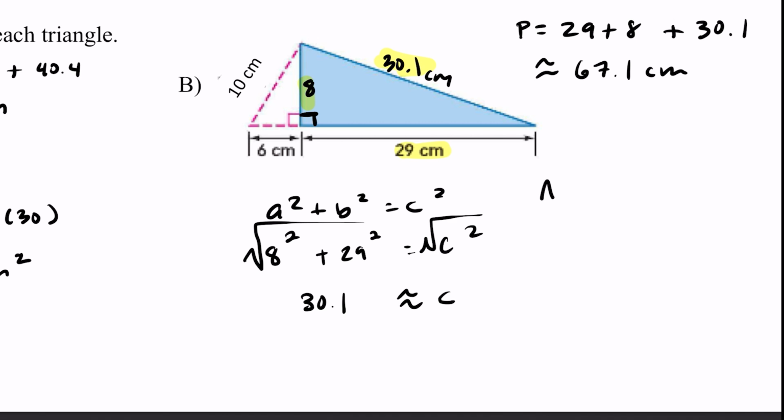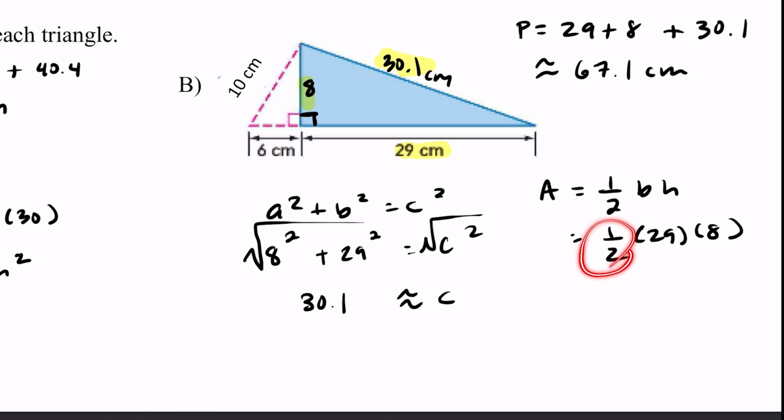Okay, and then the area, A equals 1/2 base times the height. So 1/2 of, what's the base here? Let's see. What's the base of the triangle that we're looking for? 29. And then the height should be what? What's the height of the triangle? 8.